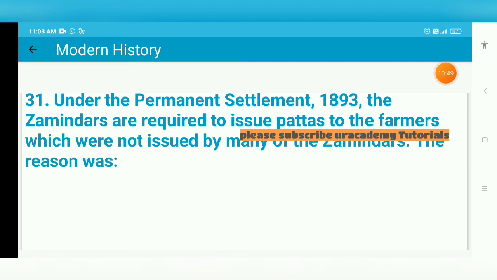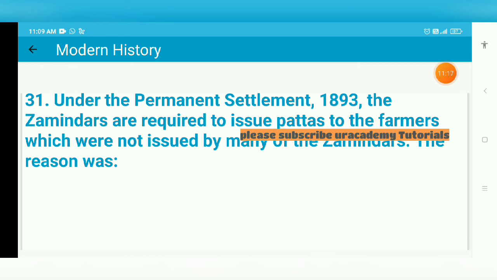This settlement is also known as the zamindari settlement, because in this settlement zamindars were made the owners of the land, and they were given all rights to collect the taxes and also to measure the land. So zamindars were given complete powers by the British over this land, and the peasants were given nothing, but just acted as the puppets of the zamindars.